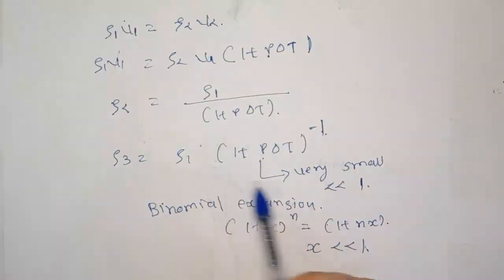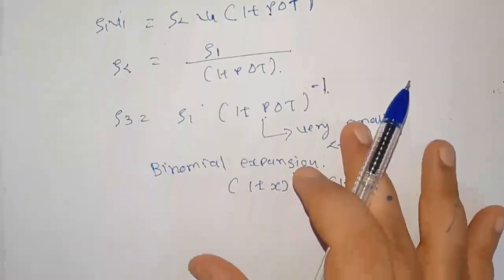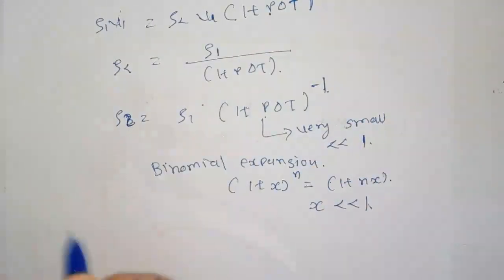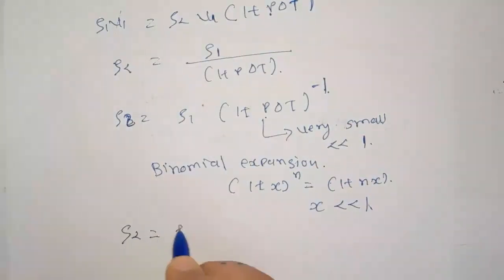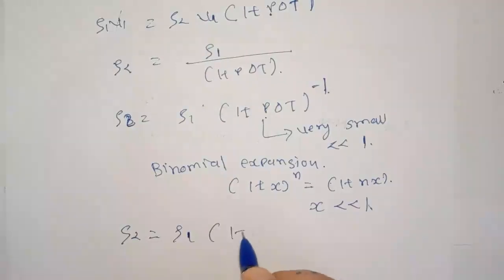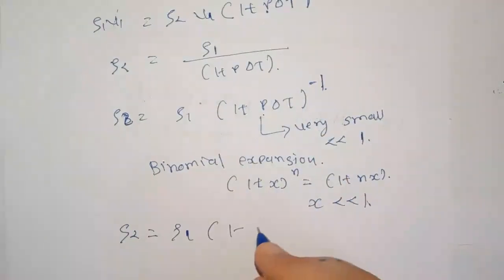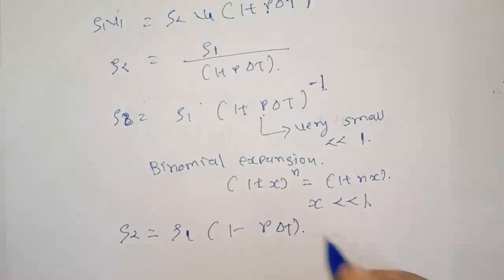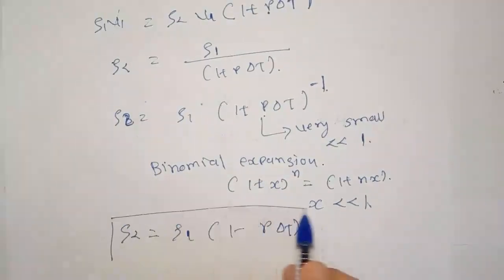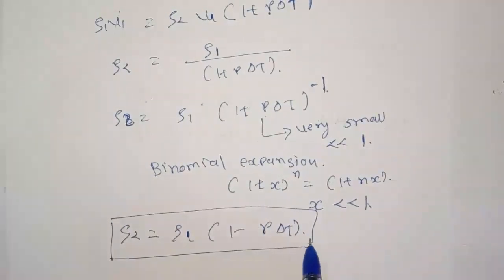This condition is satisfied here, so we can write ρ2 is equal to ρ1 into (1 minus gamma delta T). So this will be the new density.